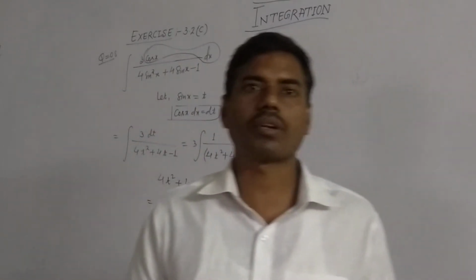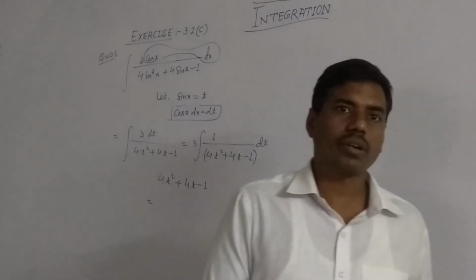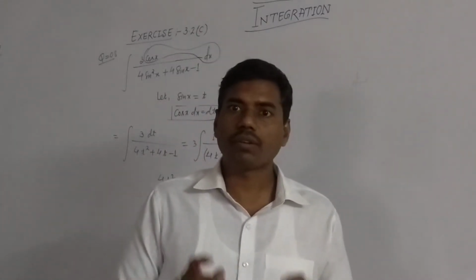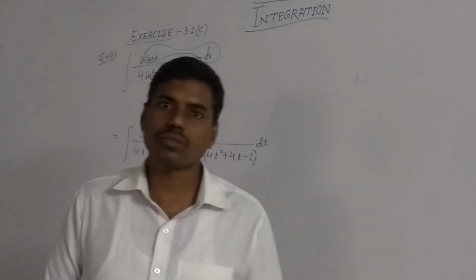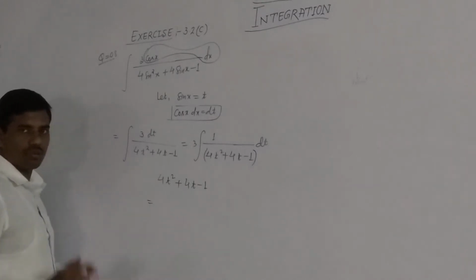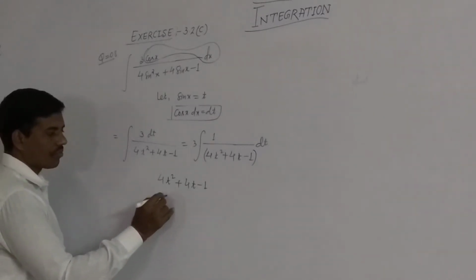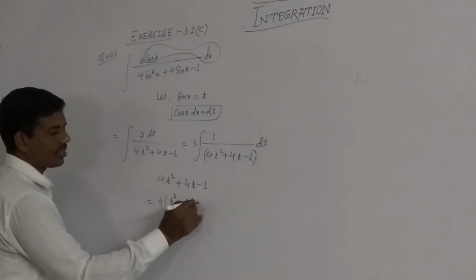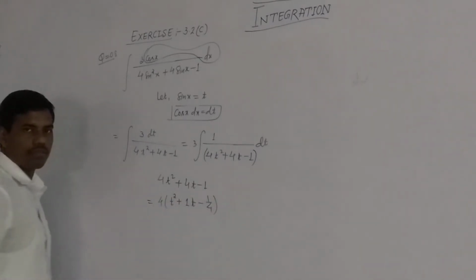You have to make the coefficient of t square equal to 1. So taking 4 as common, we have t square plus 1t minus 1 by 4.